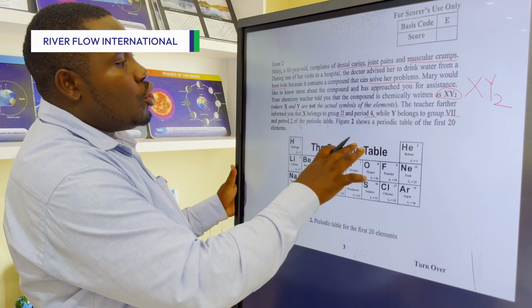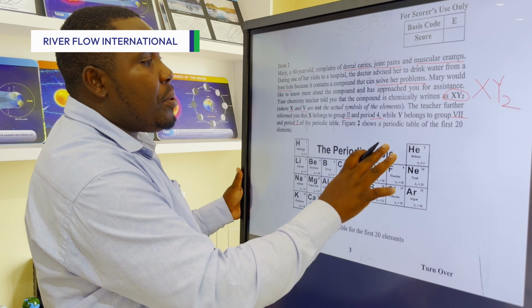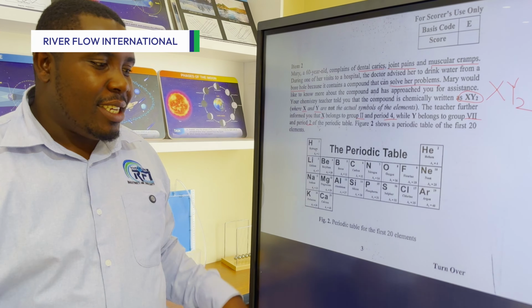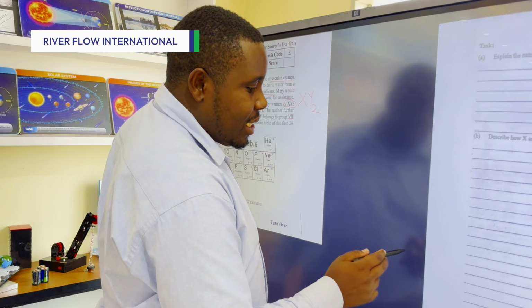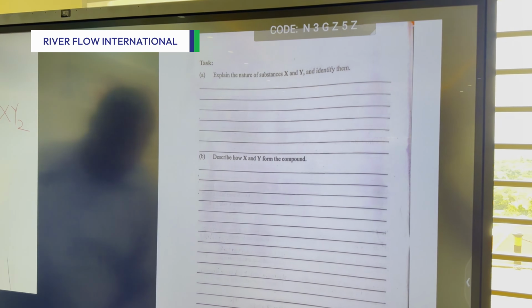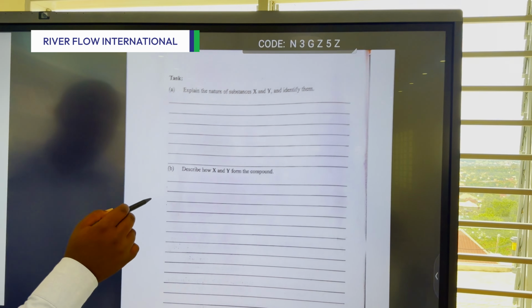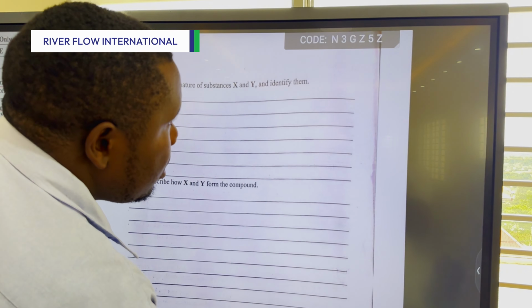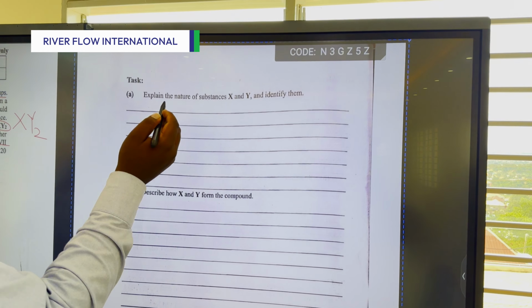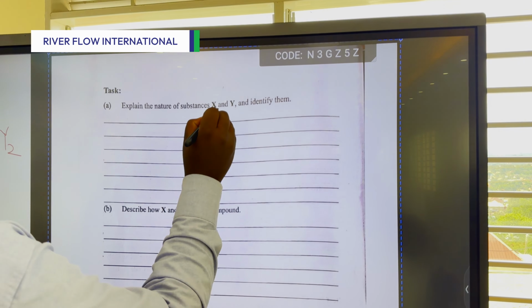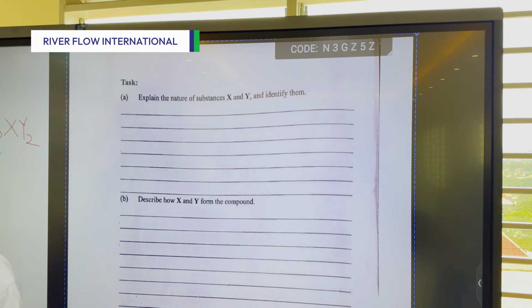Figure 2 shows a periodic table of the 20 elements. What is our task? Our task number 1 says, explain the nature of substances X and Y and identify them.